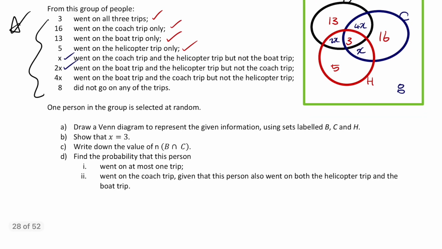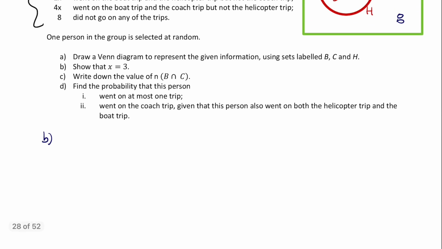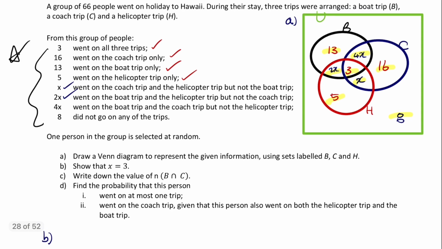Then question B, we need to show that x is equal to 3, right? We all know that when we add all these values, they should add up to 66.